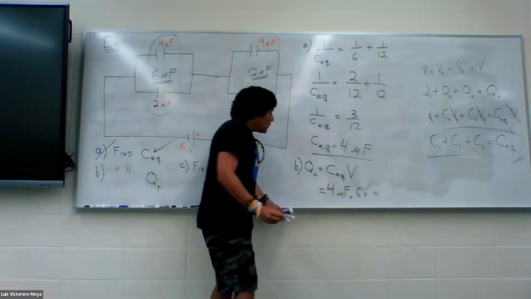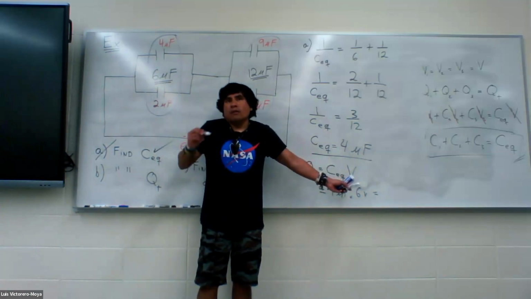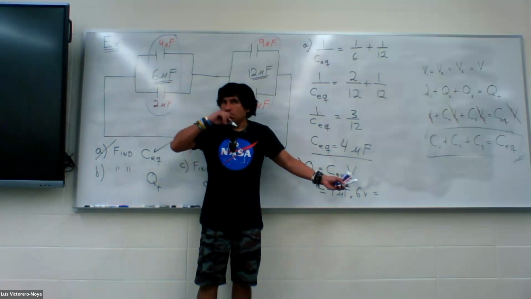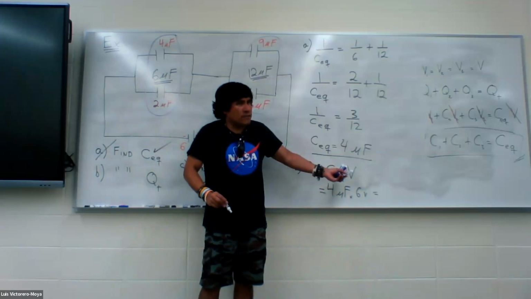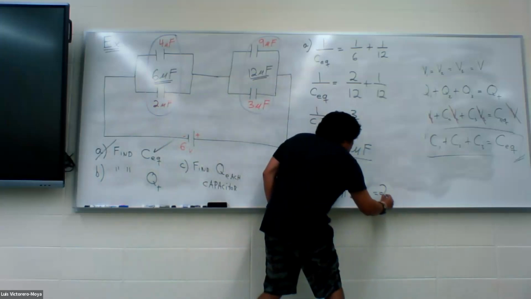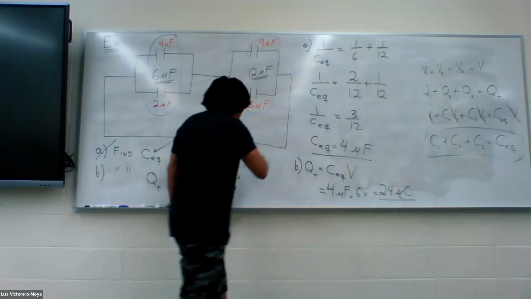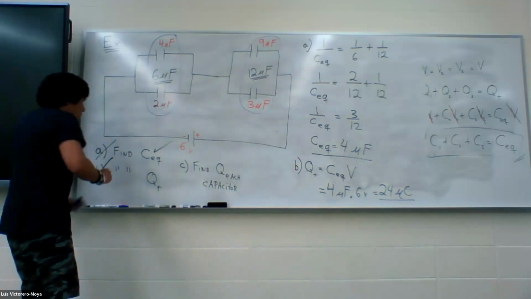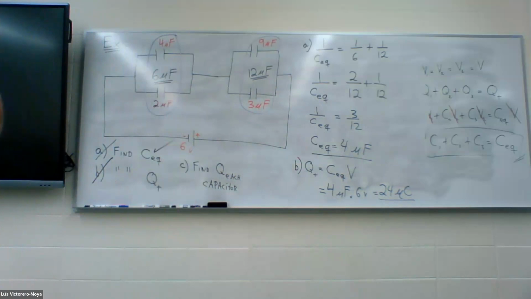All right. If you multiply a microfarad times 1 volt, the answer will be microcoulombs. 4 times 6, 24 microcoulomb. And that's the answer for B. You see, very easy to find the equivalent capacitance and to find the charge on the circuit. Those two questions should actually be pretty straightforward.